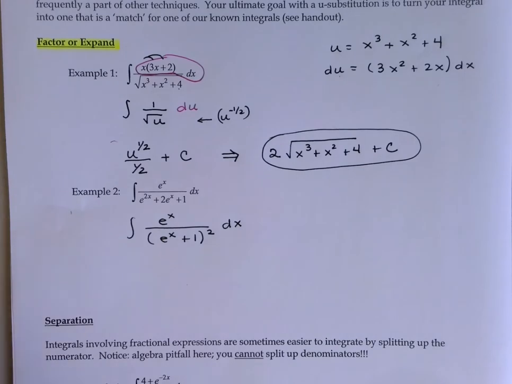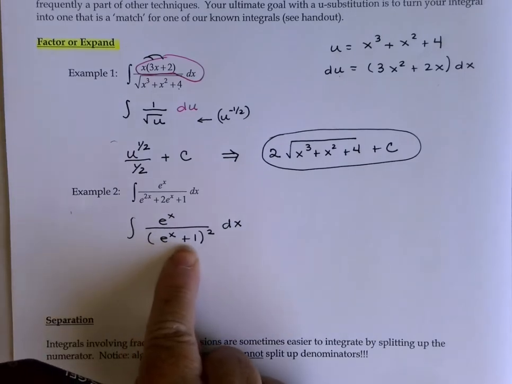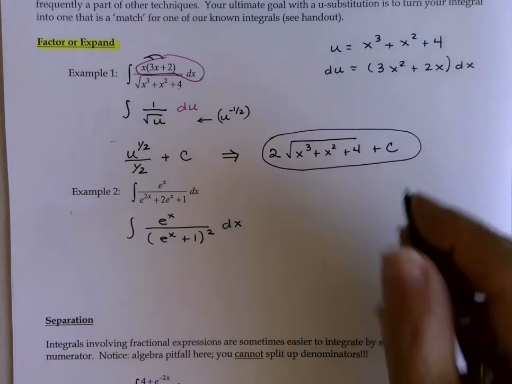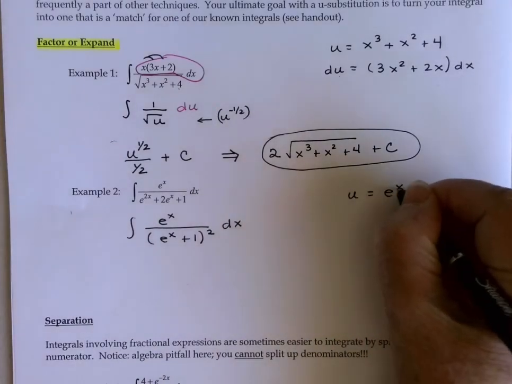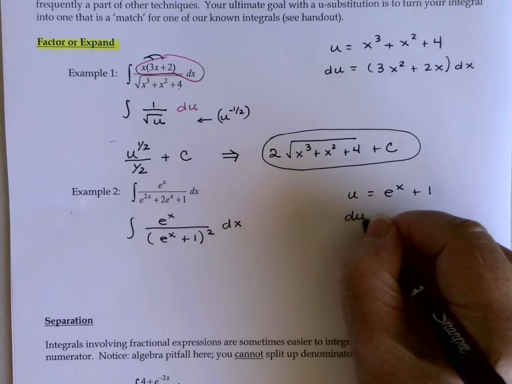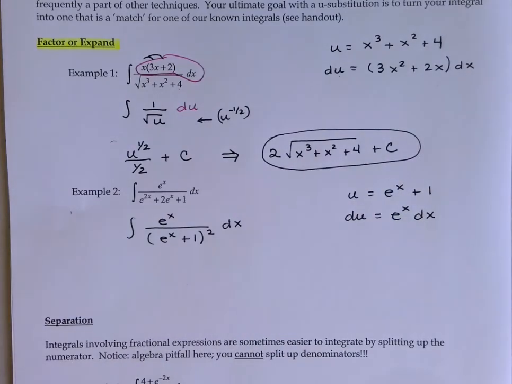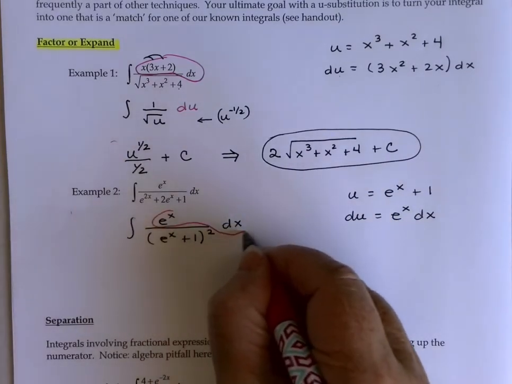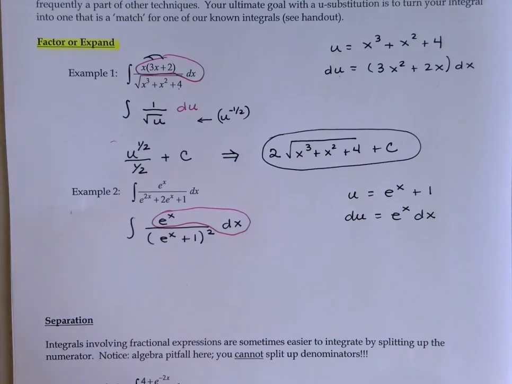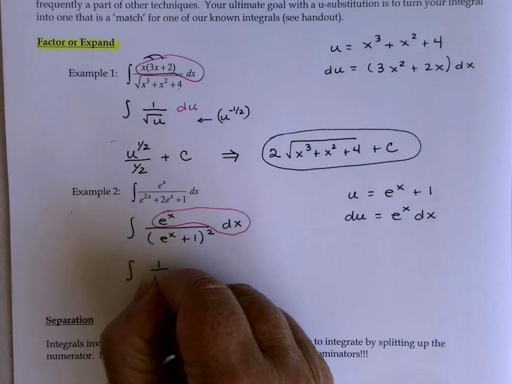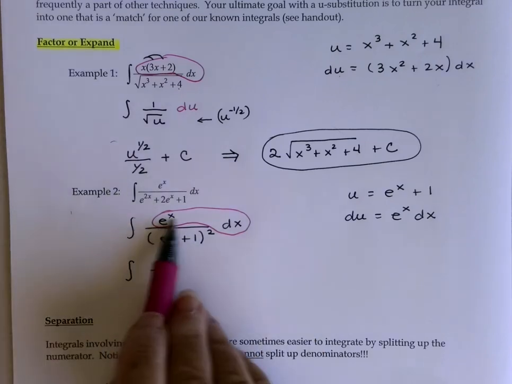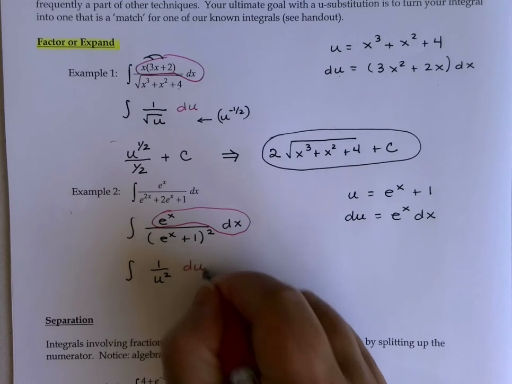So by factoring, I've created a true inner function and a really good option to let u be e to the x plus 1, what's inside that square. The derivative would still be e to the x, and I'm going to bring the dx over. So here is my du. Gotta find du. If I don't, I'm in trouble, right? But we found it both times, so we're good. That's actually 1 over u squared. And then all of this is du.